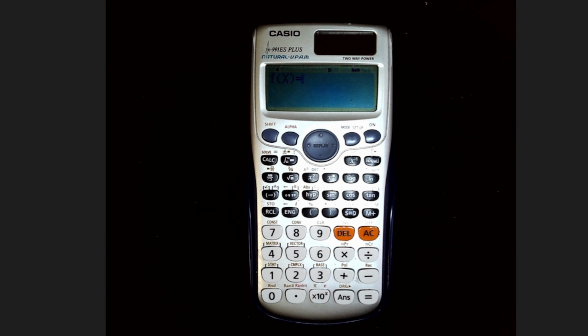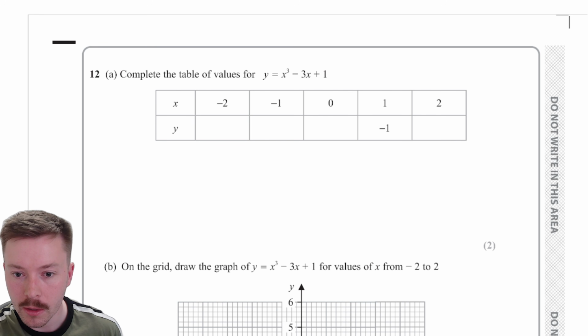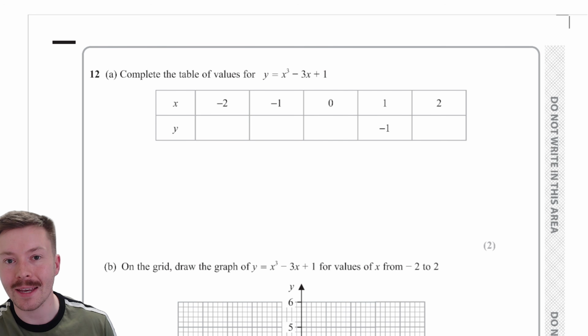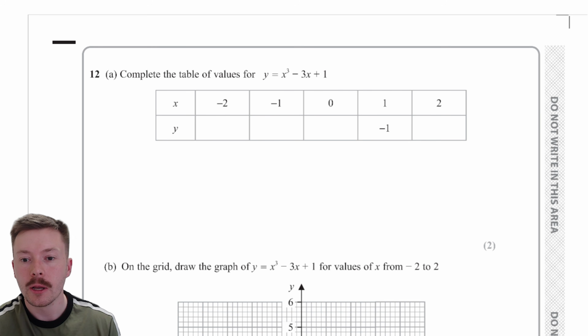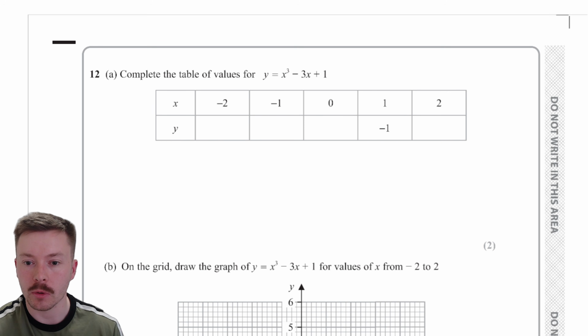So what we then need to do, if I just hide that, is type in the equation of the cubic. Okay, so x cubed minus 3x plus 1 is what we need to type in.